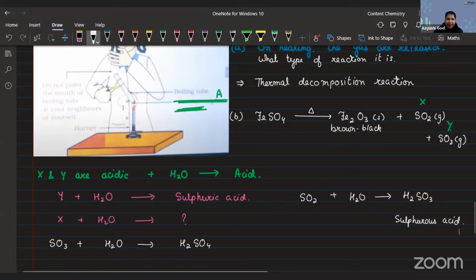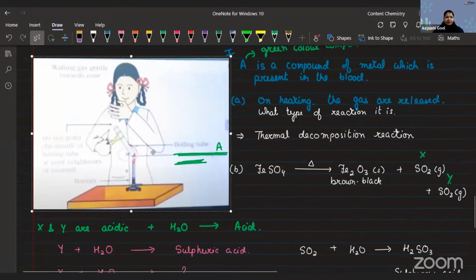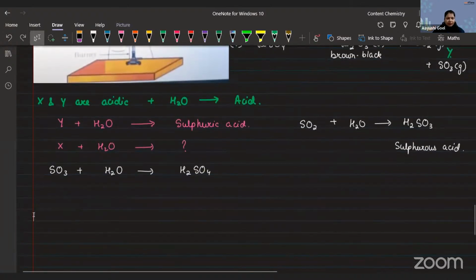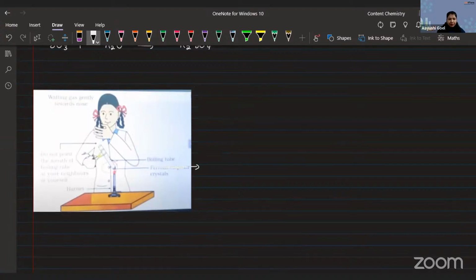Now let's go with the same type of a question. I'm taking the same part here. Now instead of taking ferrous sulfate crystals, let's say we have the crystals of lead nitrate. Now you have to give me all the portions here. So what are the portions?